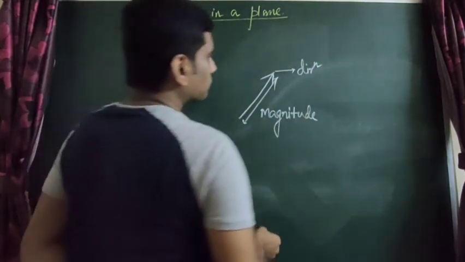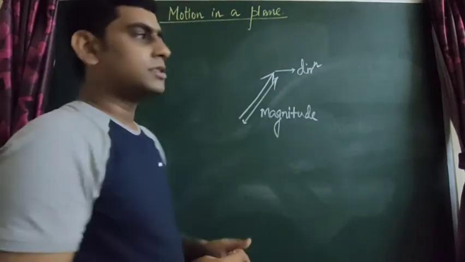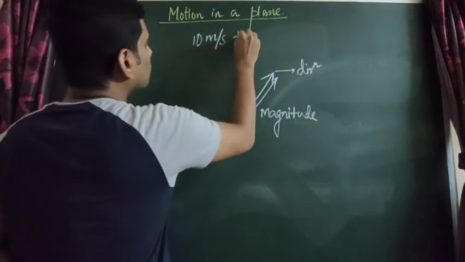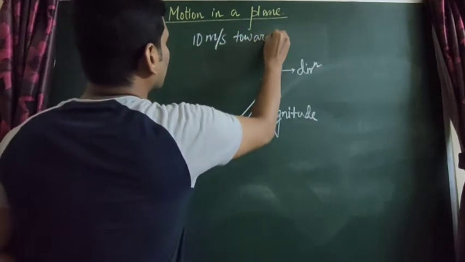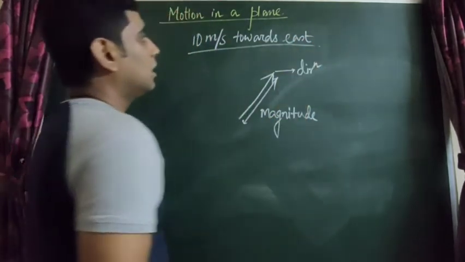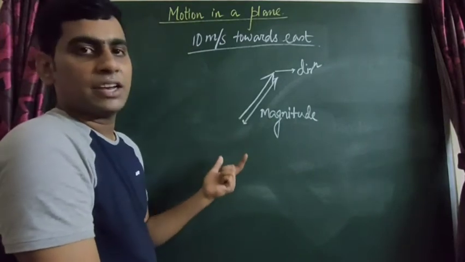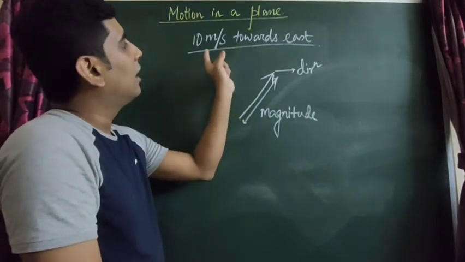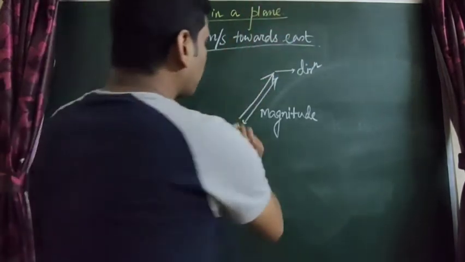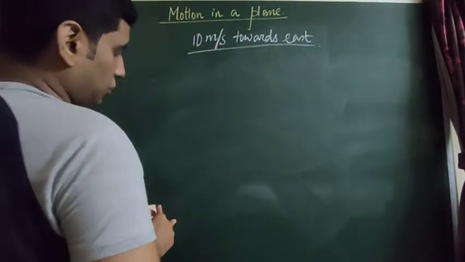For example, if we say that a car is moving with a velocity of, suppose, 10 meters per second towards east, how will we draw that vector? For that, what we need first is the directions.